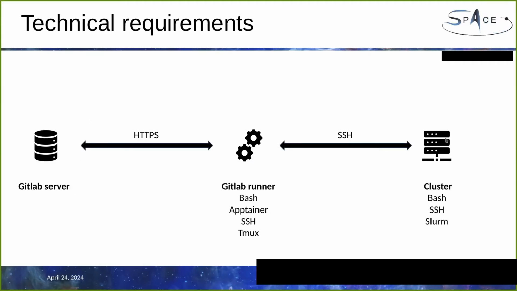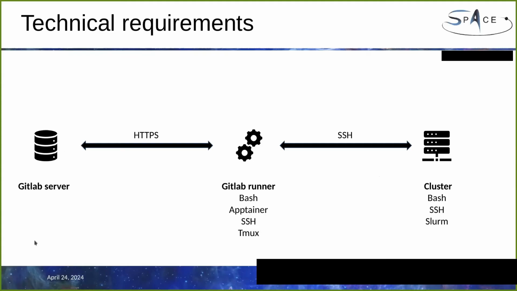So it breaks down into 3 components. There is a GitLab server, which hosts your code and provides the CI/CD capabilities. Then there is a GitLab runner, which sits in the middle, and then there's your cluster. The solution we came up with can work in case these 3 things are run on totally different computers.